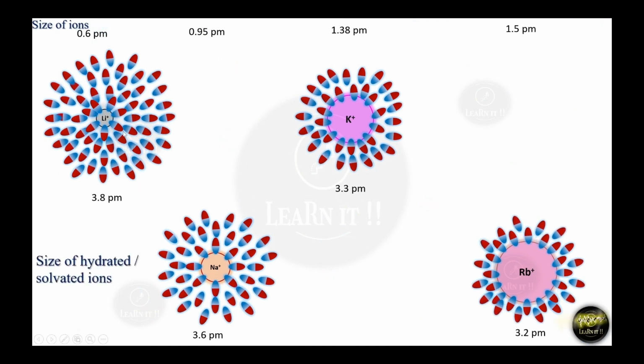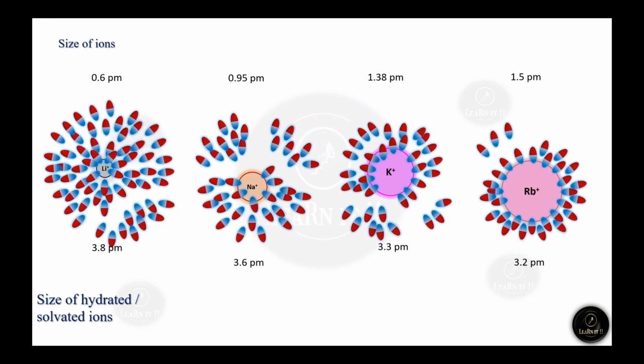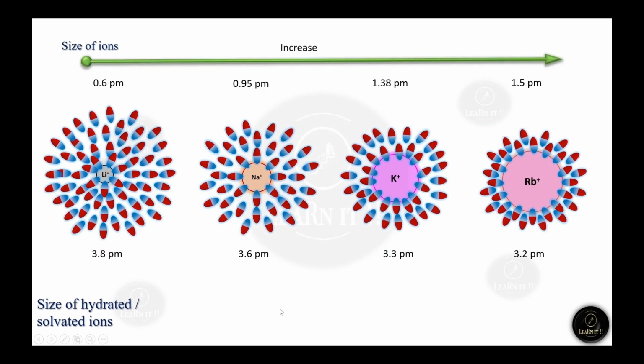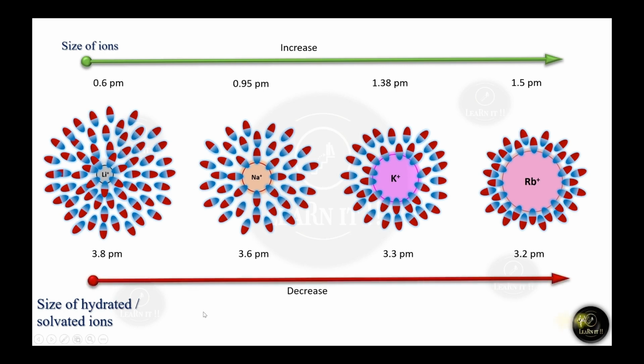Hydrated lithium ions have a radius of 3.8 picometers, sodium 3.6 picometers, potassium 3.3 picometers and rubidium 3.2 picometers. So the size of the ions is increasing, but the size of the hydrated ions is decreasing.